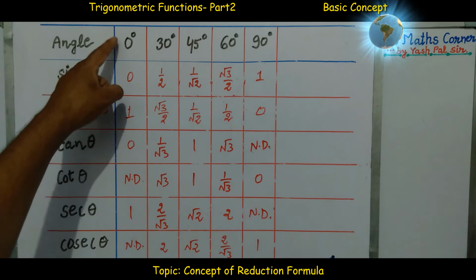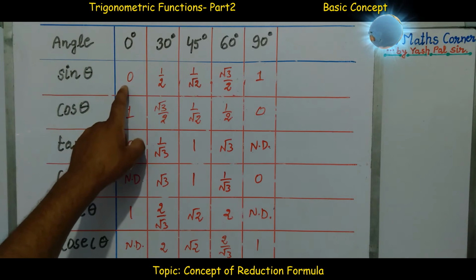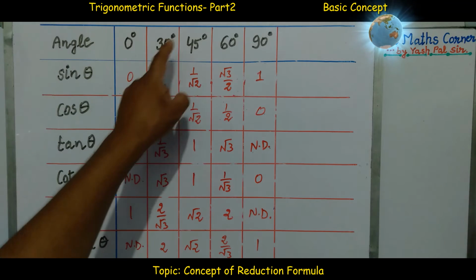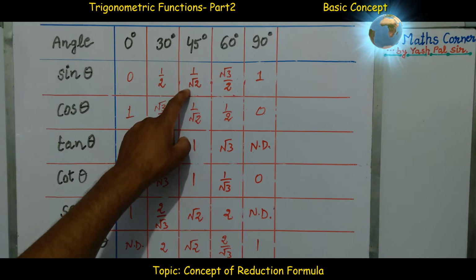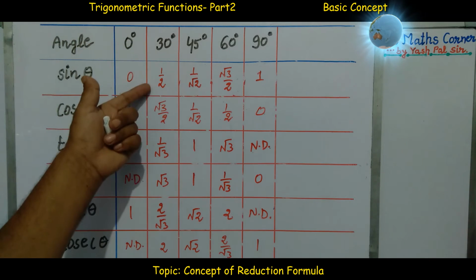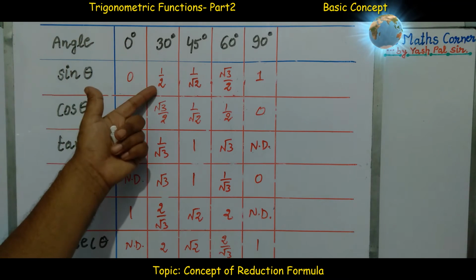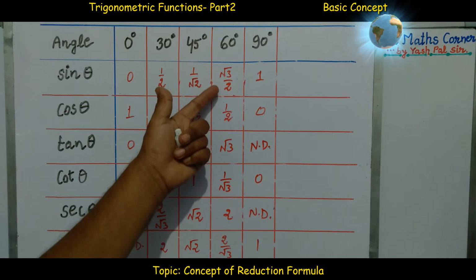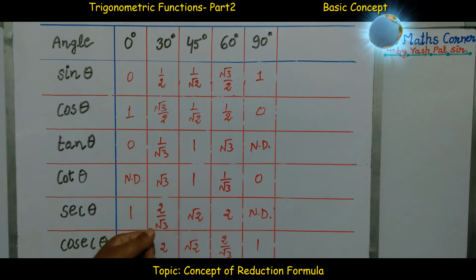We have discussed why sine 0 degree is 0, why sine 45 degree is equal to 1 upon square root 2, why sine 90 degree is equal to 1. Similarly, we can also discuss why sine 30 degree is equal to 1 upon 2, why sine 60 degree is equal to square root 3 upon 2, like this.